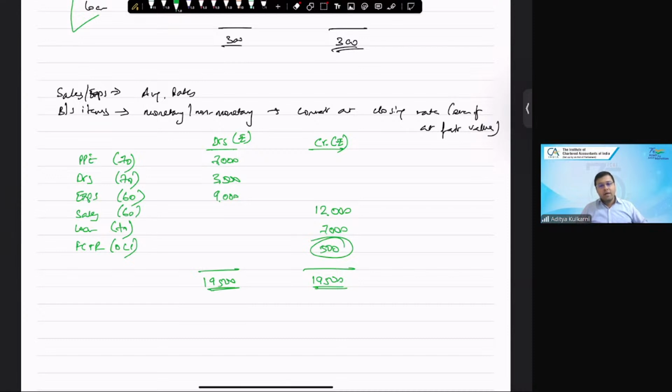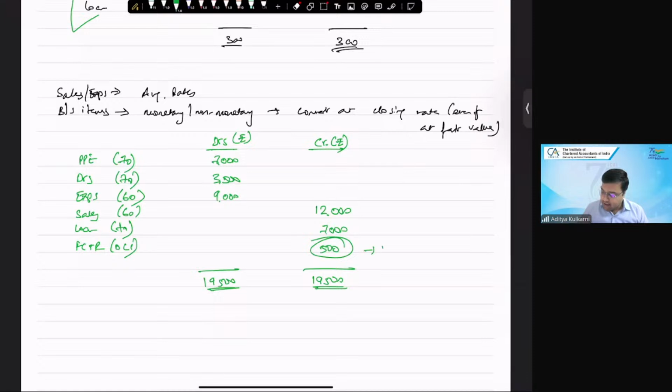So now, are you actually realizing the money? Answer is yes. If you are realizing the money, where will the realized profit go? Will it remain in OCI or should it come to P&L? It should come to P&L.